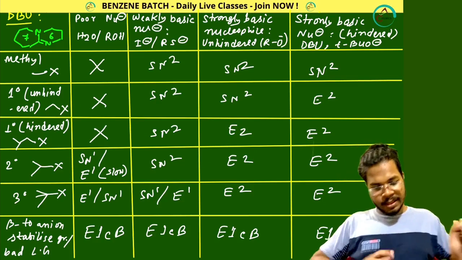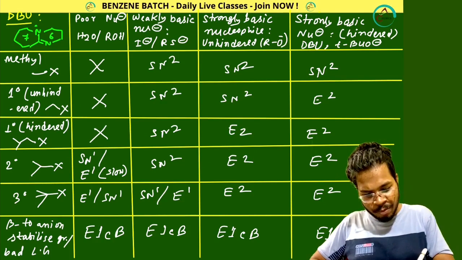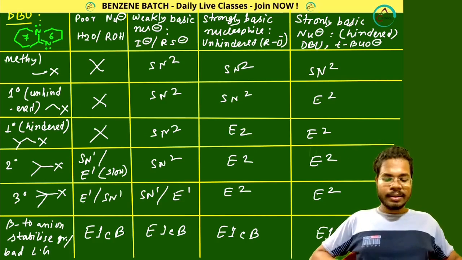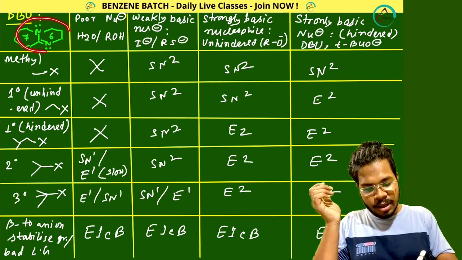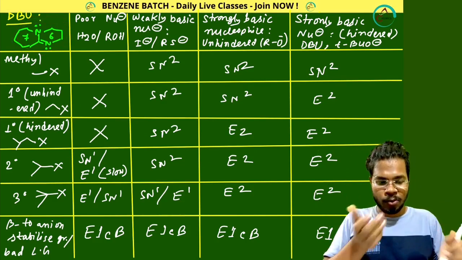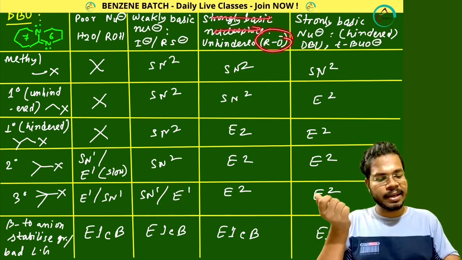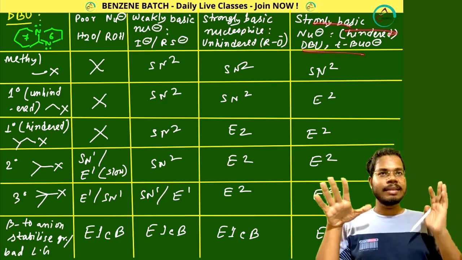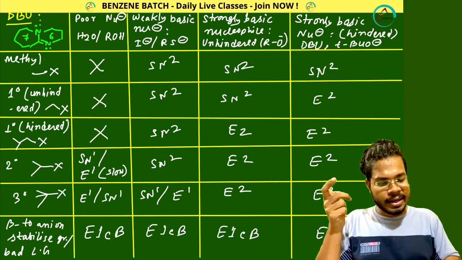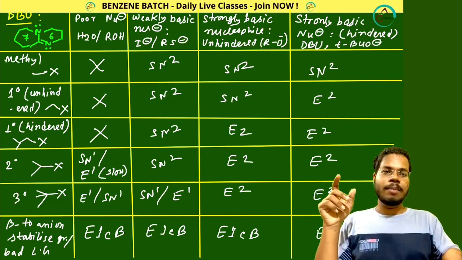Okay, that is about DBU. And nitrogen has this lone pair, and because of this lone pair, this system generally participates. This system is a very powerful nucleophile, powerful base, but it is hindered. So this RO minus is unhindered but strongly basic. DBU is hindered but strongly basic. Hindered means very crowded. RO minus is not crowded. So that's all about the video.